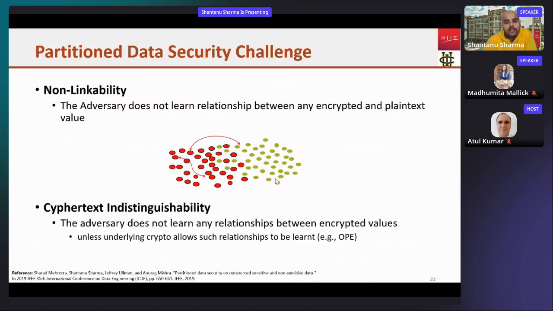So here is one simple scenario that we can see. Red dots are representing sensitive data and the green dots are representing non-sensitive data. So if we can partition, only red dots are required to be encrypted and non-sensitive data can be in clear text.